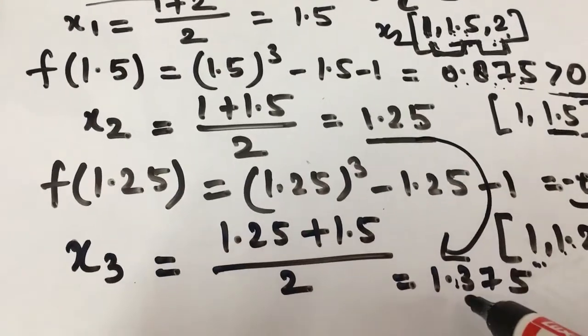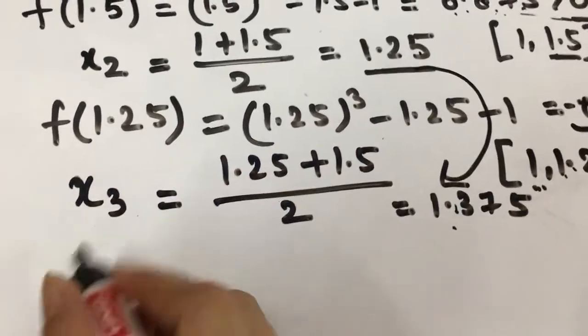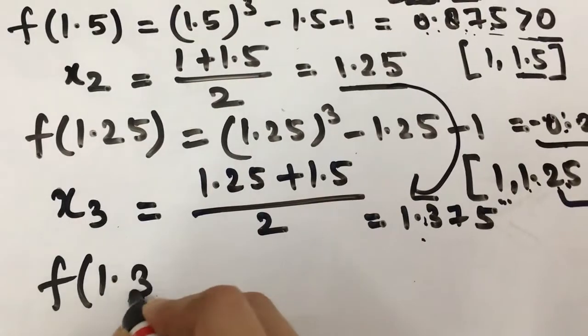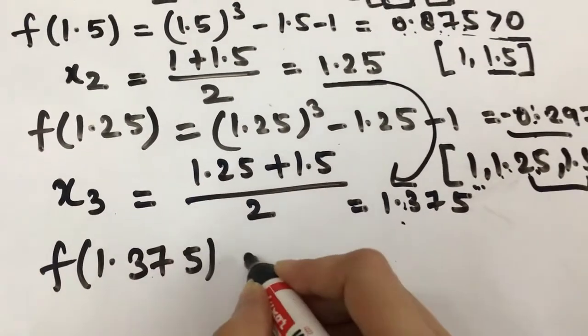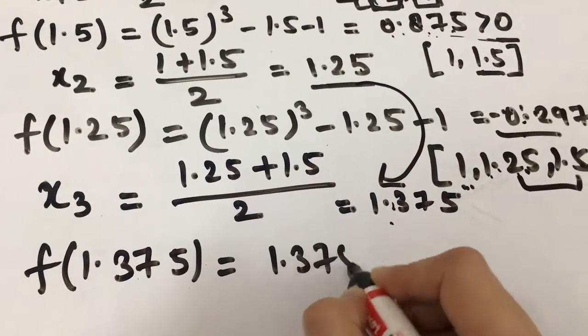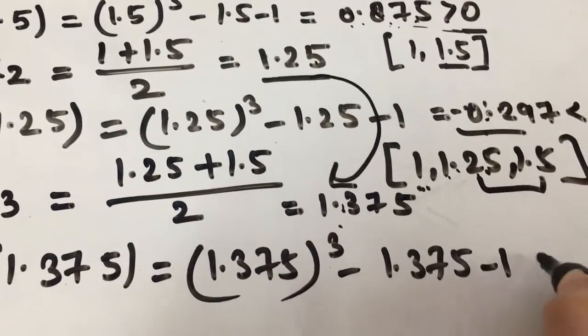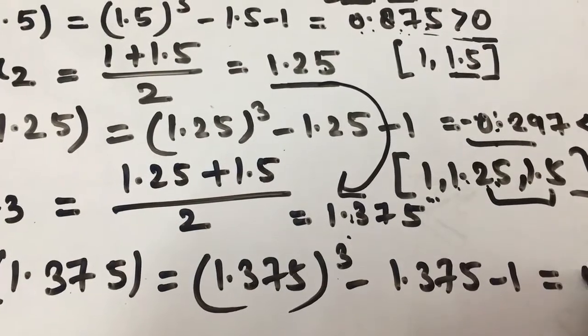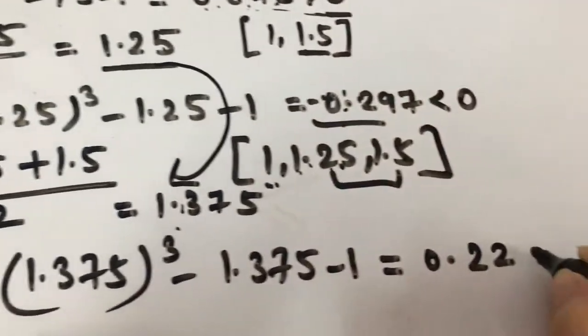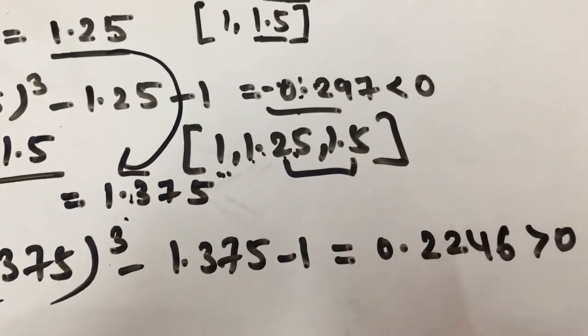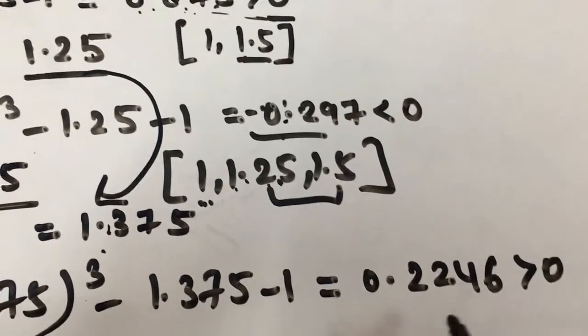So again I need to calculate the value of f at 1.375. According to the given equation, its value will be 0.2246, which is positive. Clear?